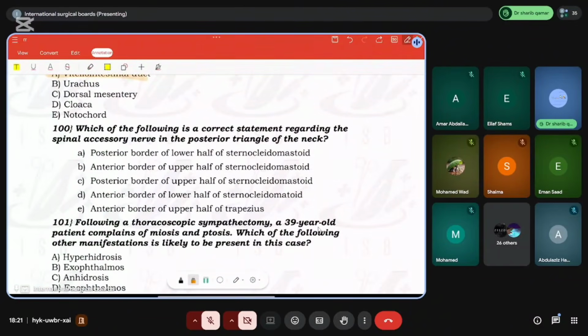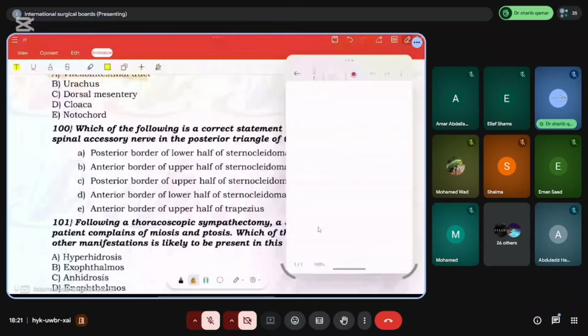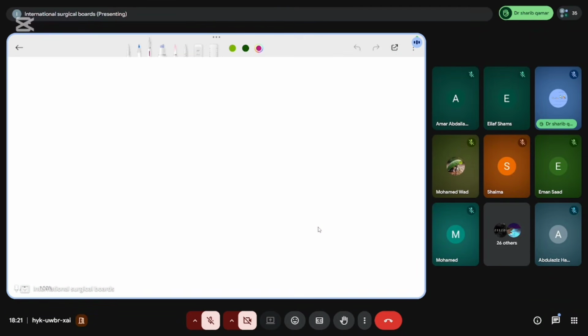Okay, let's talk a little bit. I'm going to draw some landmarks. First landmark is the mastoid process. Imagine that this is the mastoid process, and this is the clavicle, and the manubrium here.